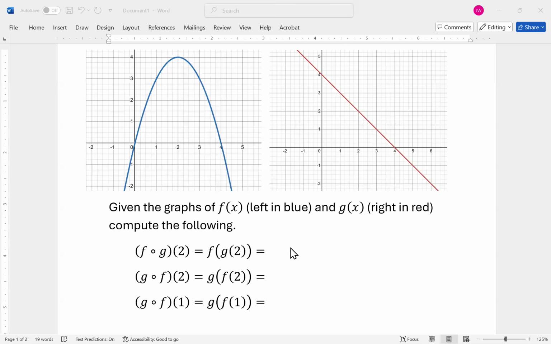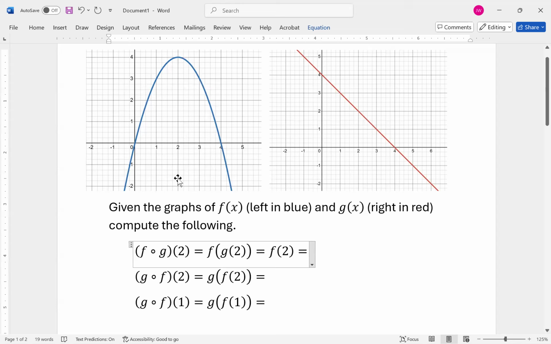I'll do those now. So here we go. F of g of 2. That means I need to plug 2 into g. That's the graph on the right. You can see that this graph goes through the point 2, comma 2. So if you input 2, your output for g should also be 2. So therefore, I'm calculating f of 2.